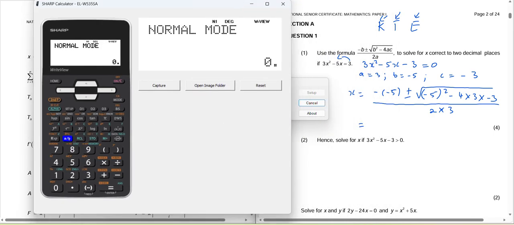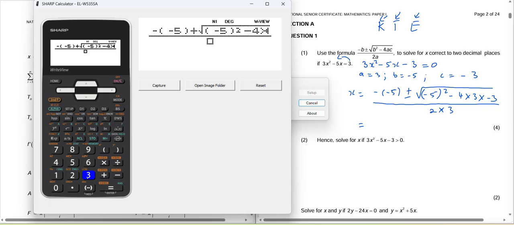Now here we are going to say minus 5 plus, so for now let's go with the plus, and then square root of minus 5 squared minus 4 times 3 times minus 3, and then 2 times 3.